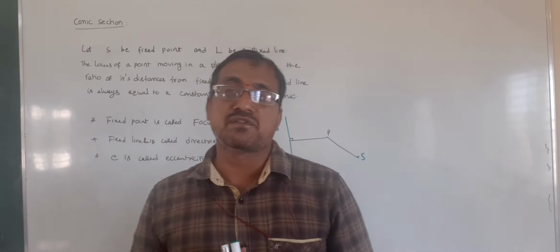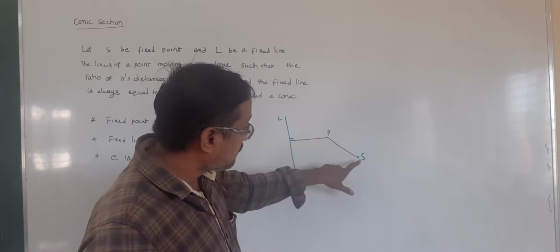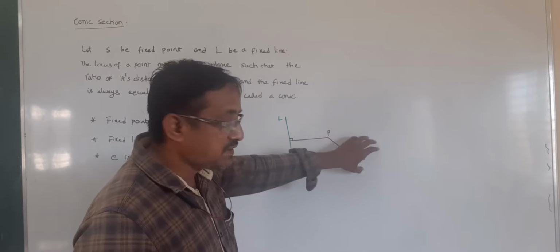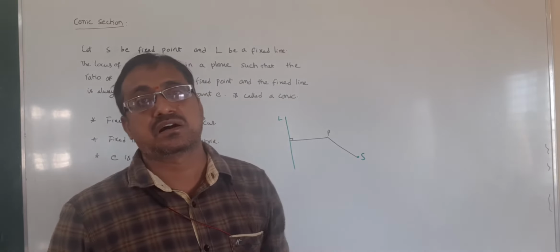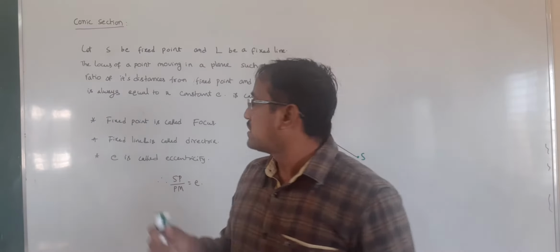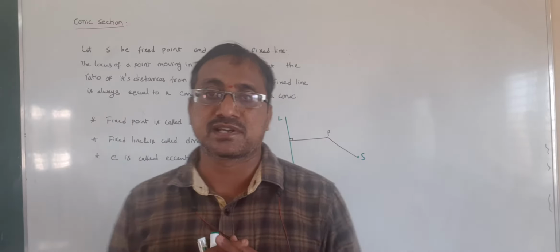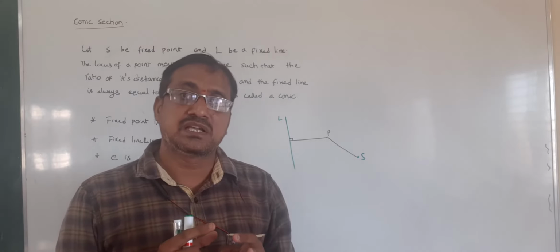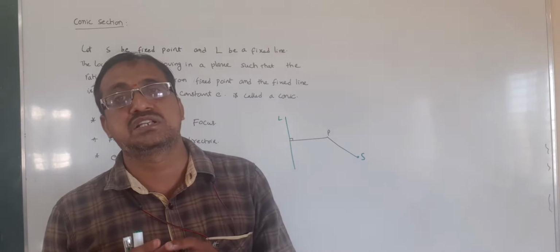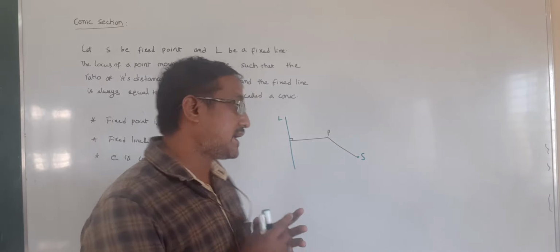Now the locus of a point P moving such that the ratio of its distances from the fixed point and the fixed line is always a constant E is called a conic section, where E is nothing but the ratio of the distances from the fixed point and fixed line.